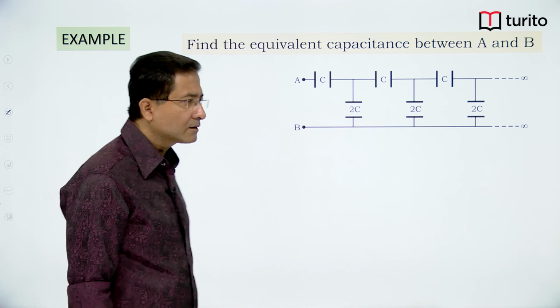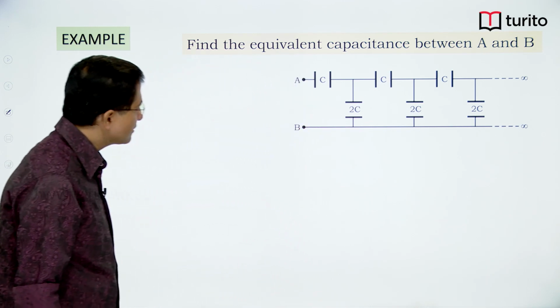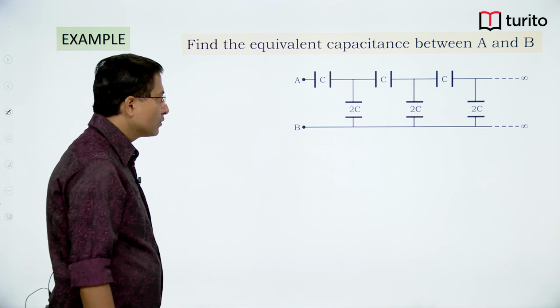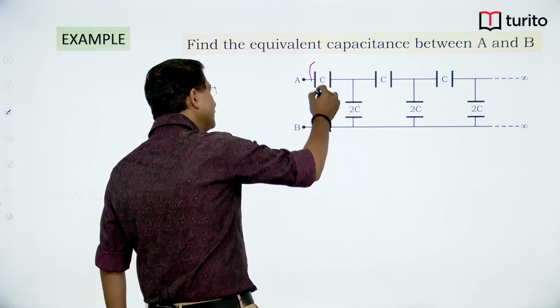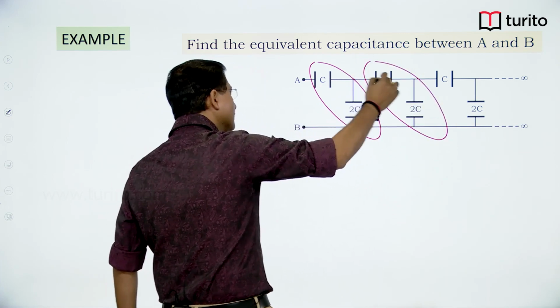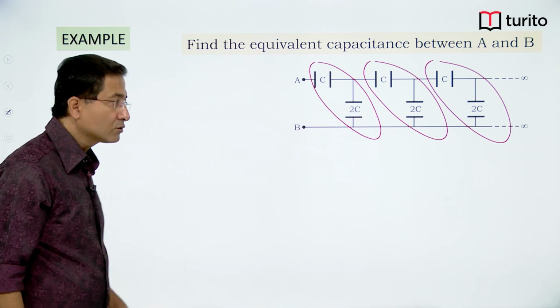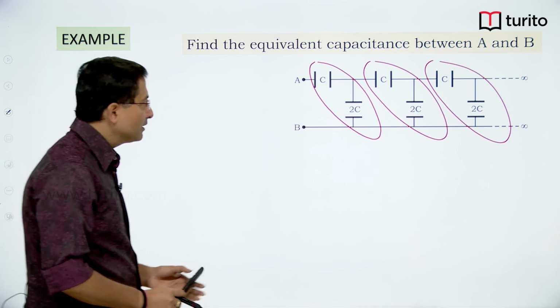So, sometimes what happens is a ladder will be given to you and you will be asked to find the equivalent capacitance, right. So, as you can see the units here are being repeated. These are the basic unit of the structure which is going up to infinity and these are being repeated.